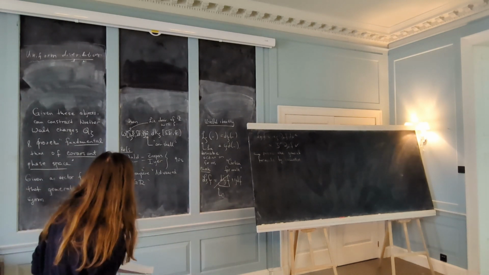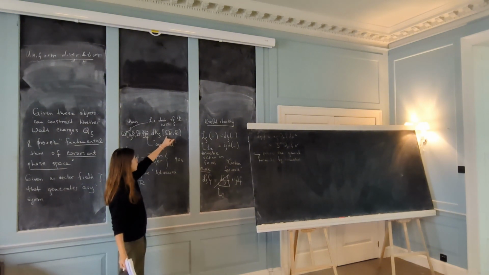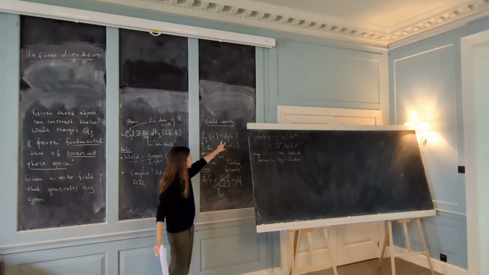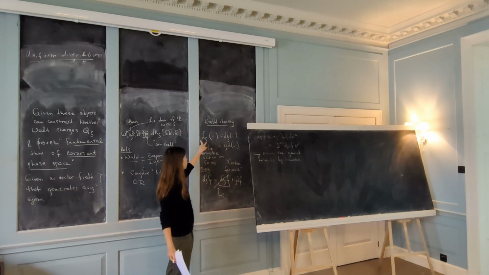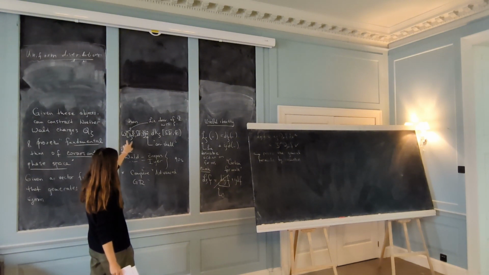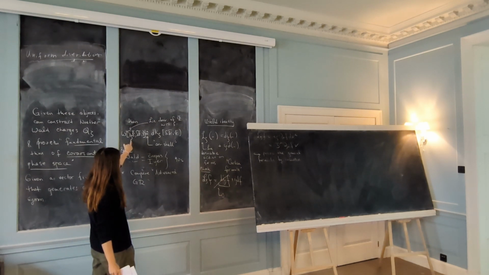Because this delta is the exterior derivative on field space, but as you can see from this formula, it doesn't change the degree. Where exactly are you asking? Here?